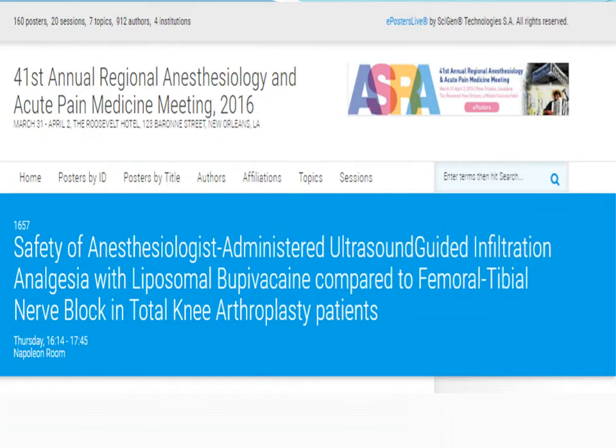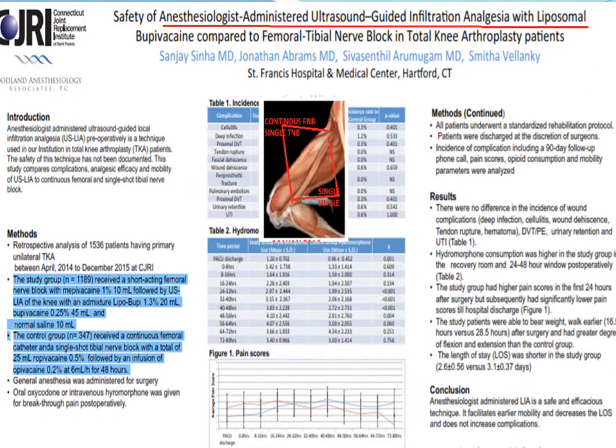His newly developed technique was described at the 41st ASRA meeting, where he describes the safety of anesthesiologist-administered ultrasound-guided periarticular injection of liposomal bupivacaine. He described two groups.